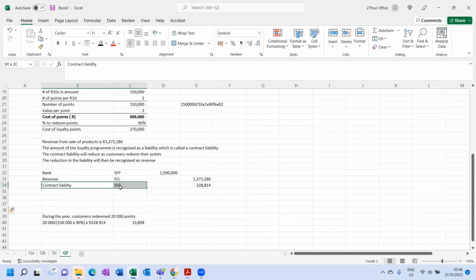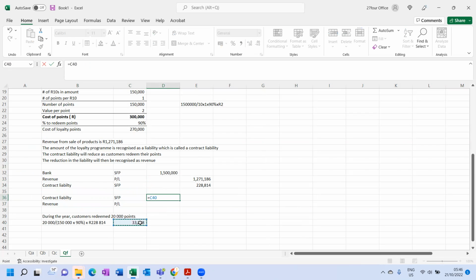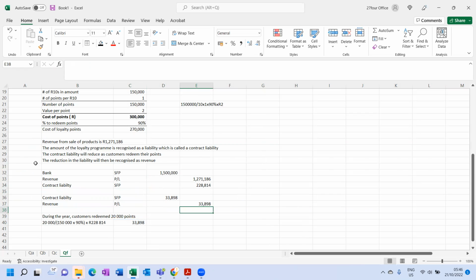We decrease the contract liability and increase revenue. The contract liability will reduce by the number of people that redeemed, and the revenue will increase by the same amount.